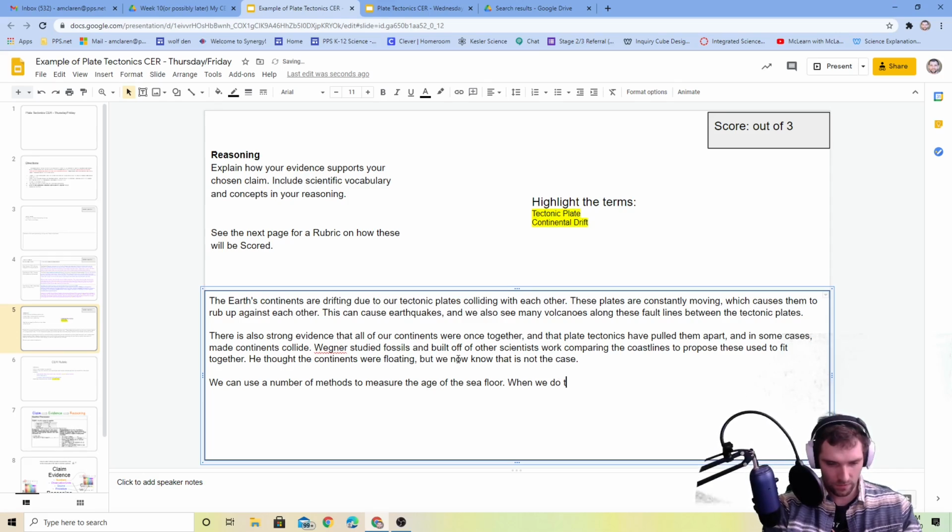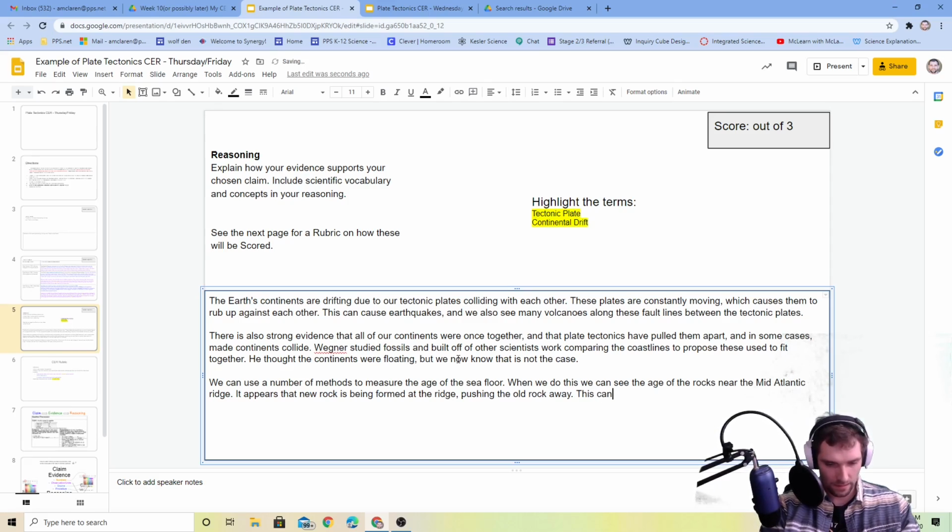When we do this, we can see the age of the rocks near the mid-Atlantic ridge. It appears that new rock is being formed at the ridge, pushing the old rock away.